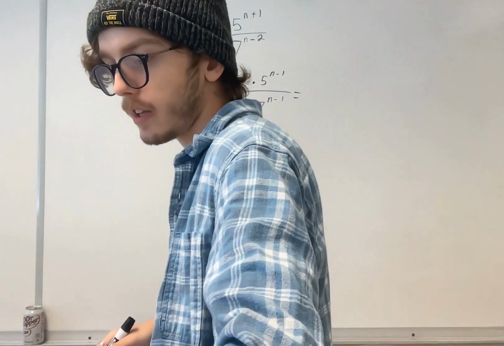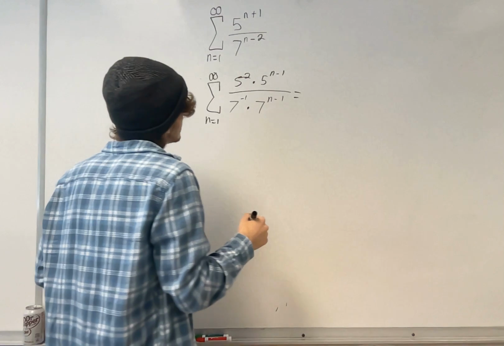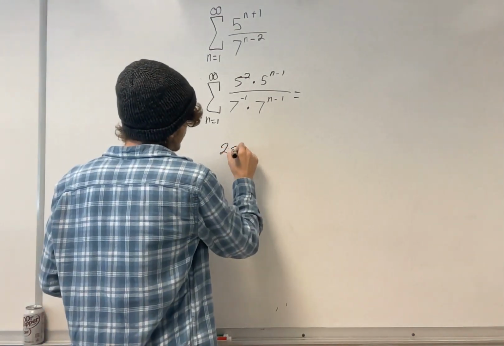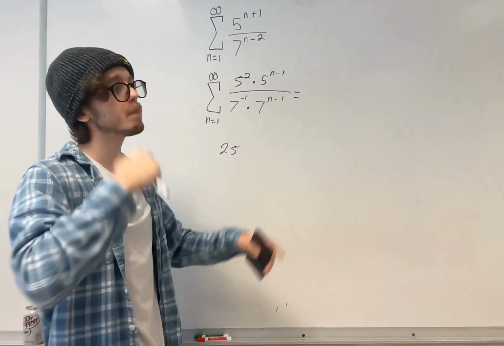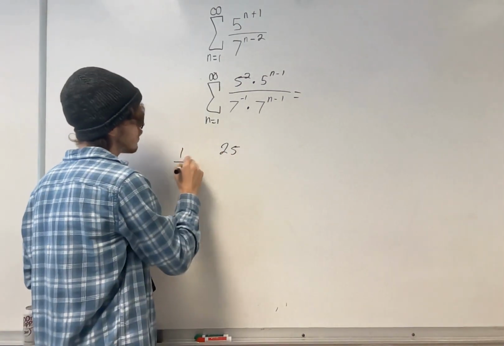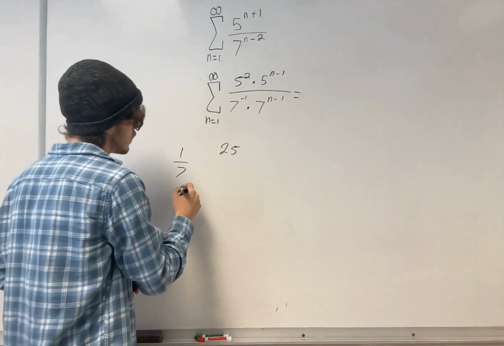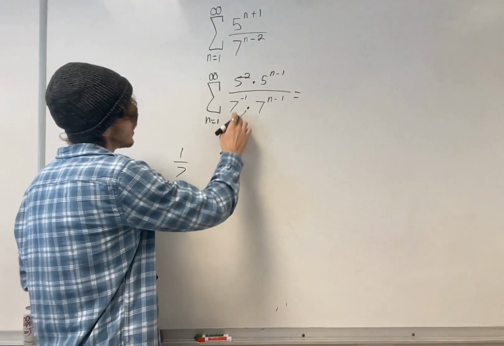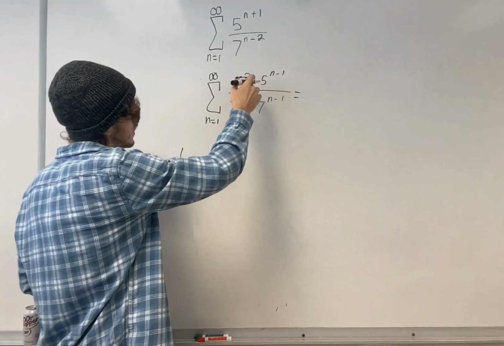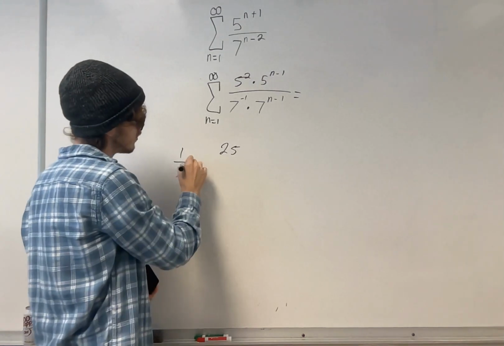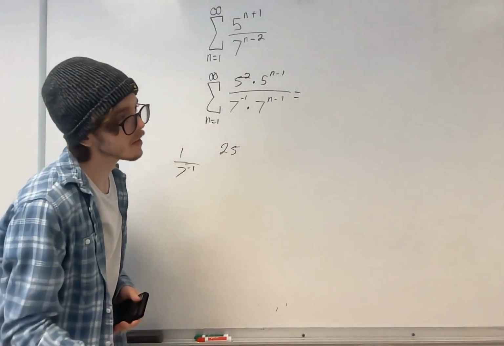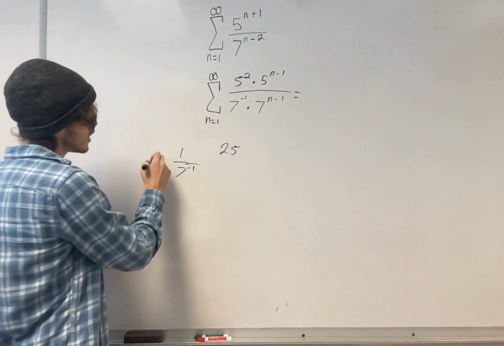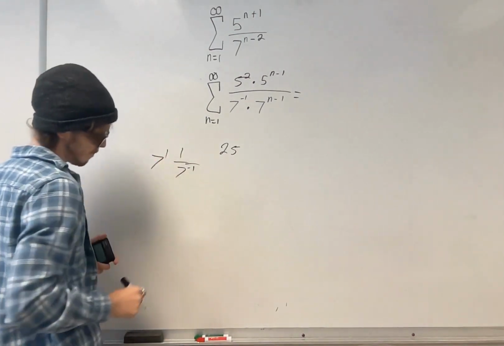Let me grab my calculator. We know 5 to the second is 25. 7 to the negative 1, if we take the reciprocal of that, this is really saying 1 over 7. If we flip it around, this becomes 7 to the 1.